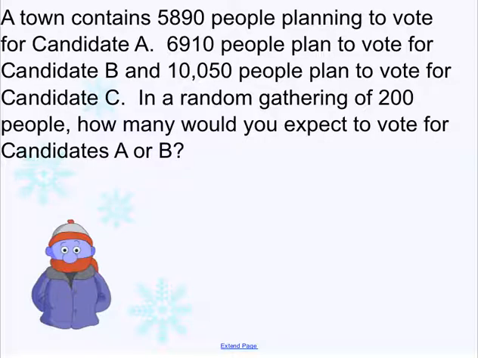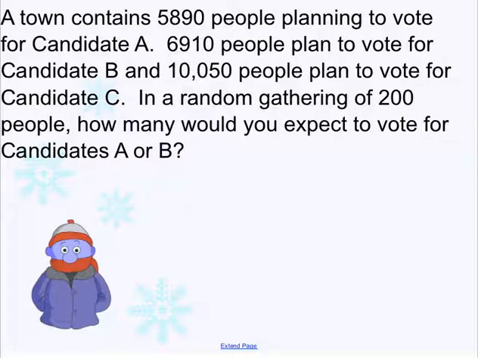Here's another one. A town contains 5,890 people planning to vote for candidate A. 6,910 people plan to vote for candidate B, and 10,050 people plan to vote for candidate C. In a random gathering of 200 people, how many would you expect to vote for A or B? Well, they can't vote for both, so this is mutually exclusive.